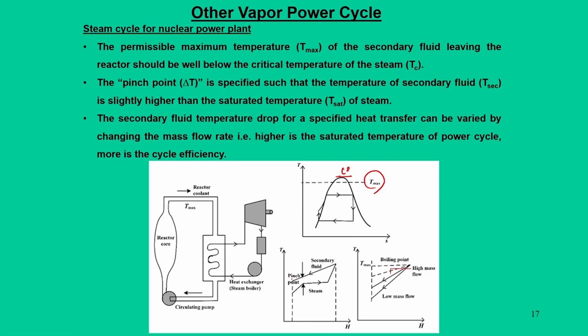And of course, the slope of the line for the secondary fluid in the temperature enthalpy diagram can be changed by considering the mass flow rate. If you increase or decrease the mass flow rate, the slope of the line changes, and that again determines what the pinch point should be for the operational conditions.